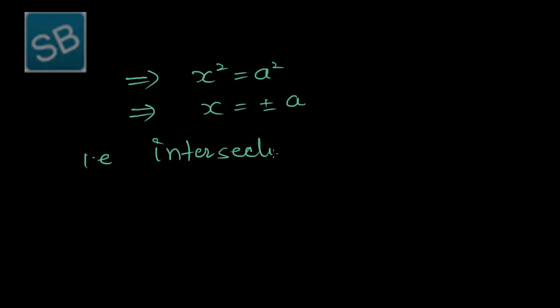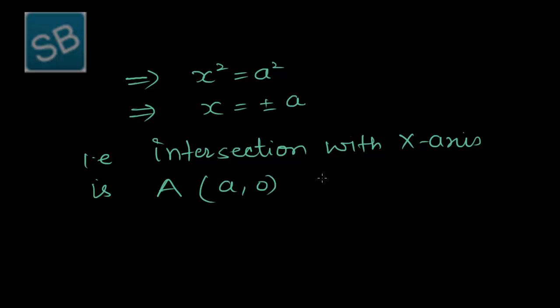That implies x square is equal to a square, that implies x is equal to plus minus a. That is, intersection with x-axis is point A with coordinate a comma 0 and A dash with coordinate minus a comma 0.